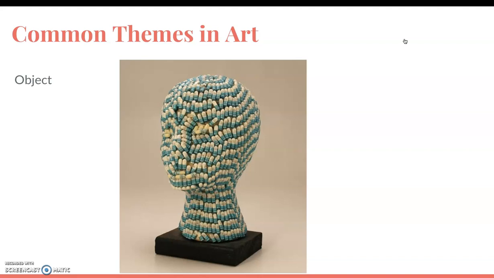Now, not every sculpture is based on object as a theme. Yes, you can look at a sculpture and go, well, technically a sculpture is 3D, it's an object, but is the theme object? So as you're creating your descriptive paragraph and you're looking at the list of themes, just look at the work and think, okay, what possible themes do I recognize in this sculpture?